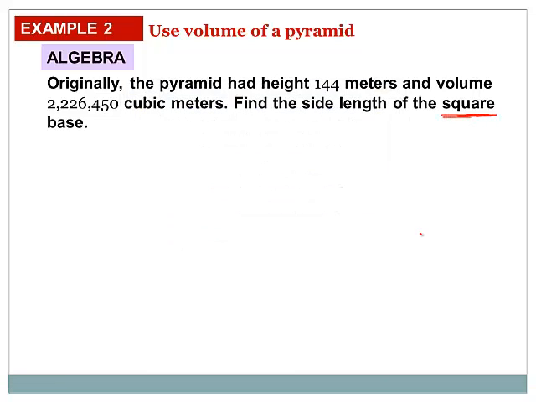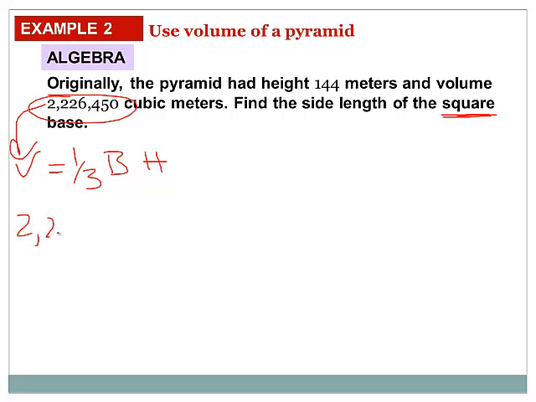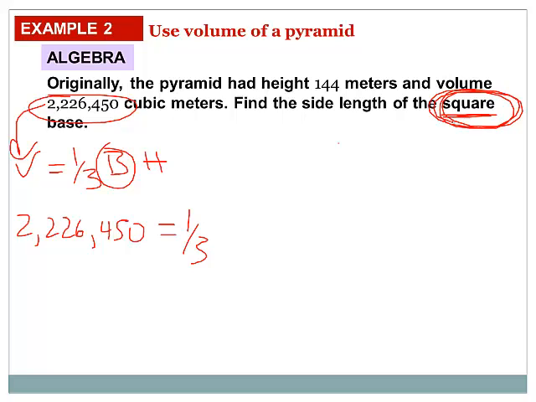So we know it's a square base. That means you have to plug it into your formula. We know that we have a volume formula of 1/3 big B times big H. Well, we know the volume part. So you plug it in: 2,226,450 cubic meters equals 1/3 times your big B. In this case, we know it's a square base, so you can either put x squared or s squared, doesn't matter, though it has to be the same value squared.